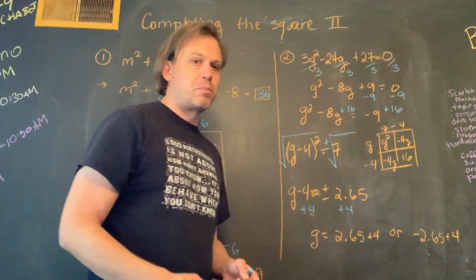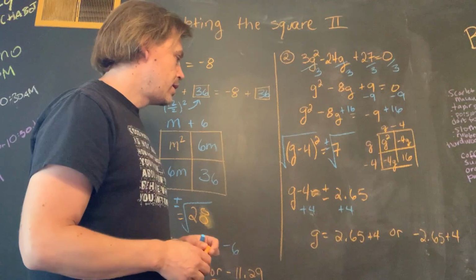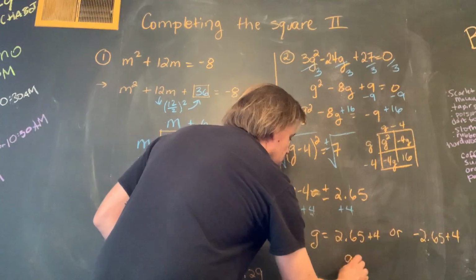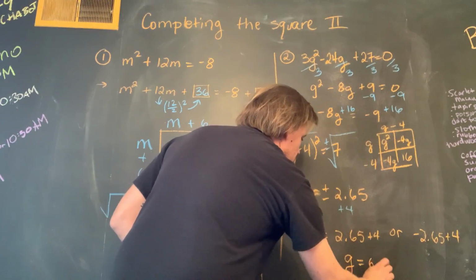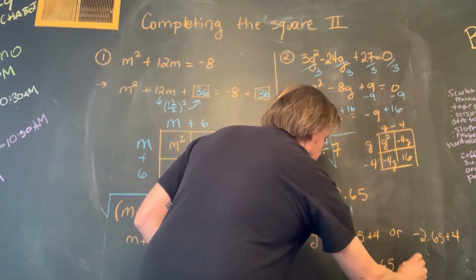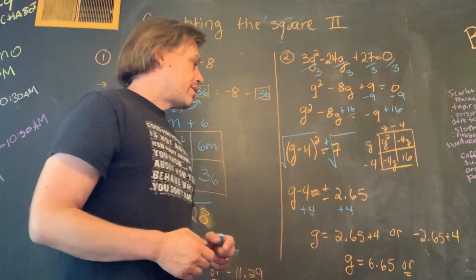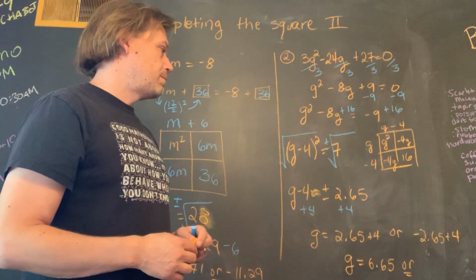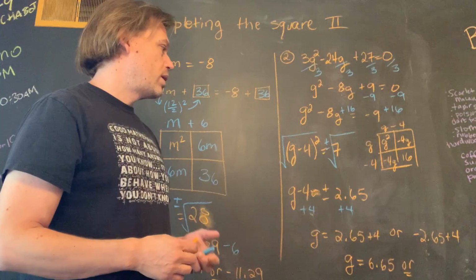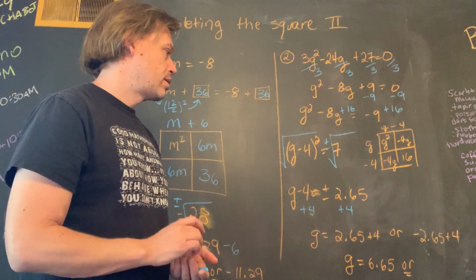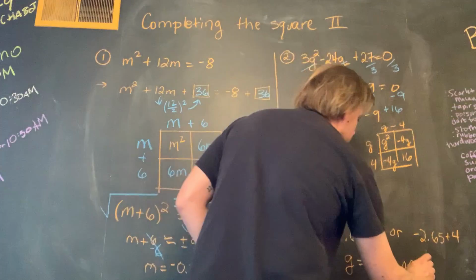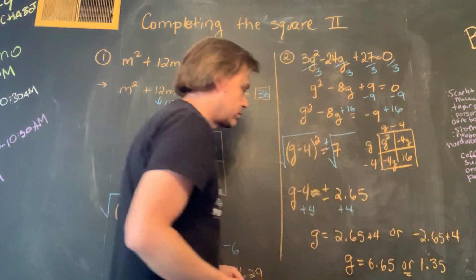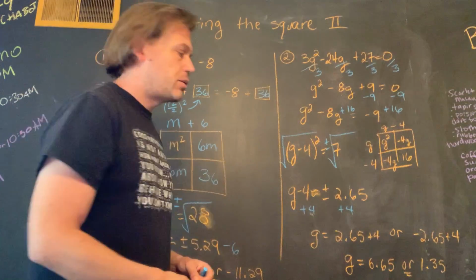Those are my two possibilities. 2.65 plus 4 is 6.65. Negative 2.65 plus 4 is going to be 1.35. And then those are my two answers.